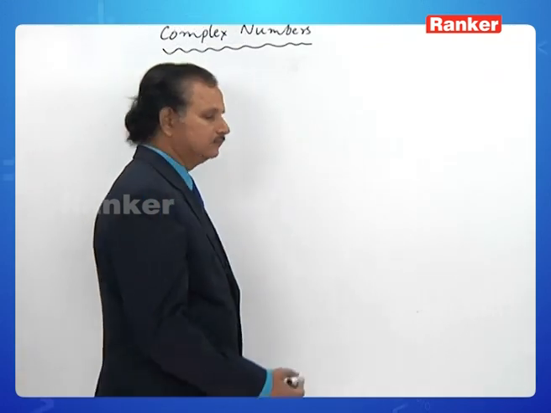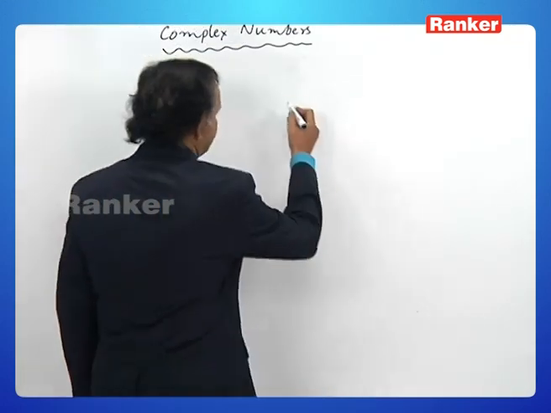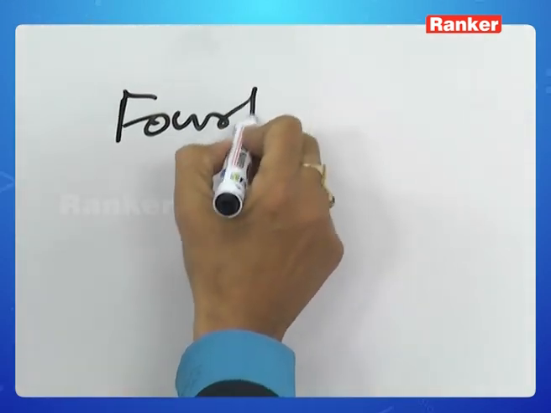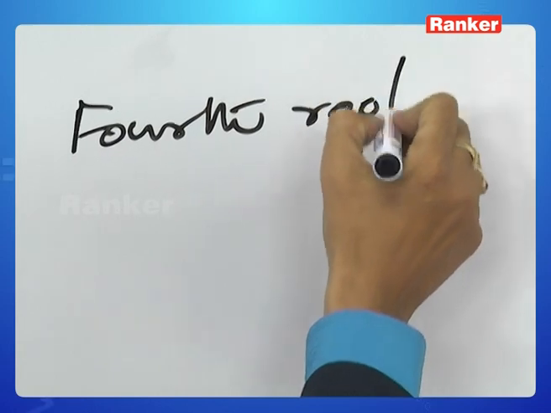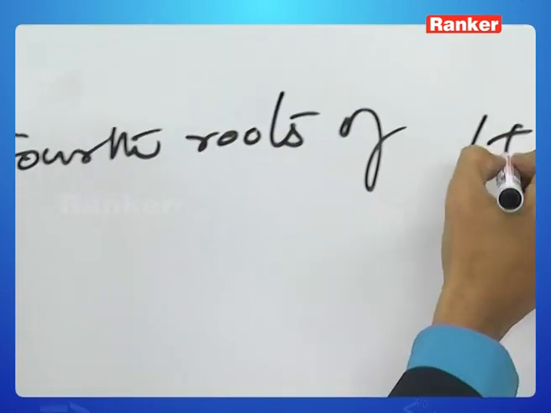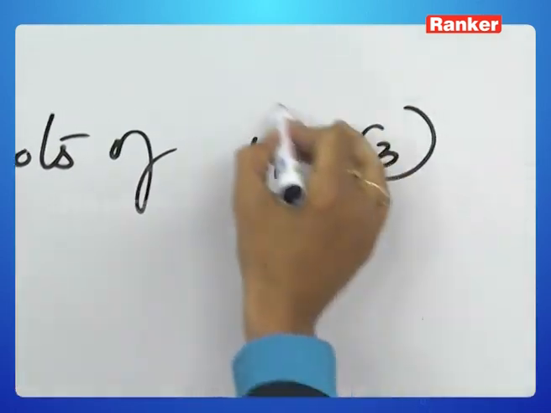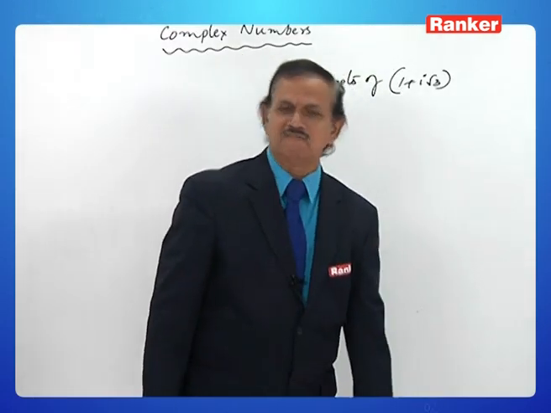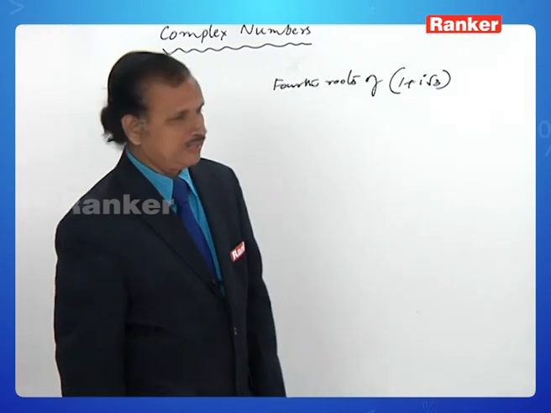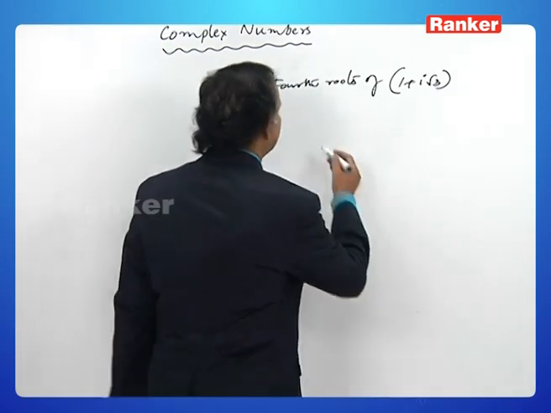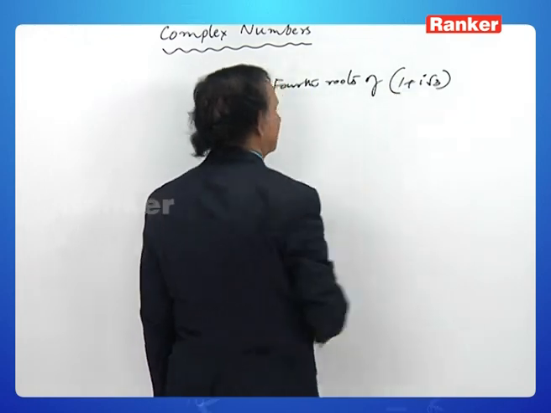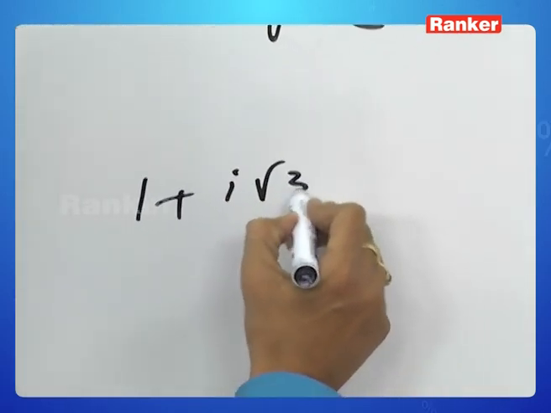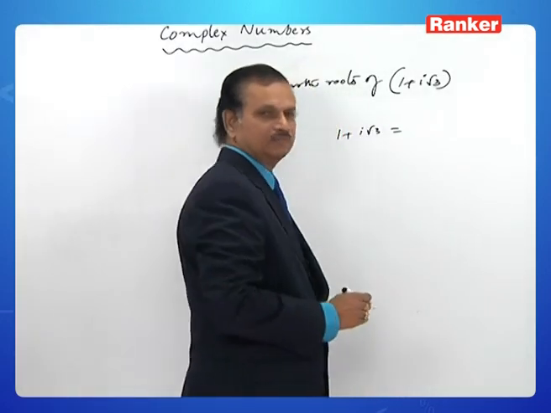That is a matter of obtaining the fourth roots of 1 plus i root 3. What are the fourth roots of 1 plus i root 3? We want to have 1 plus i root 3 taken in mod amplitude form.